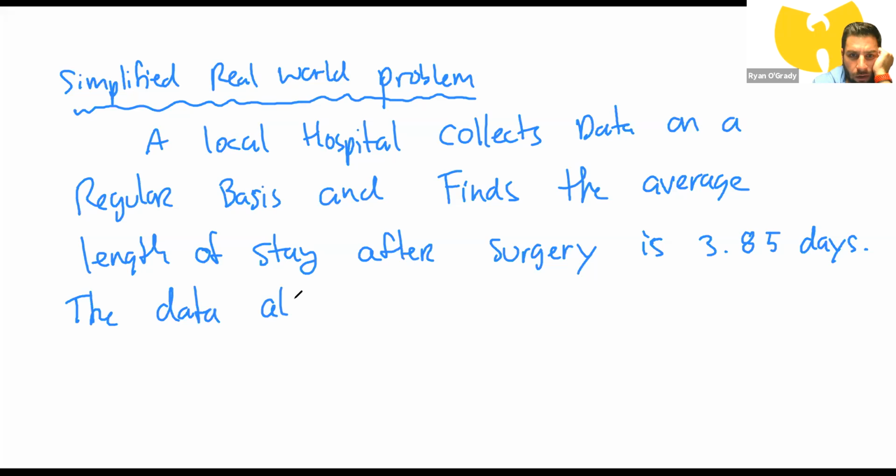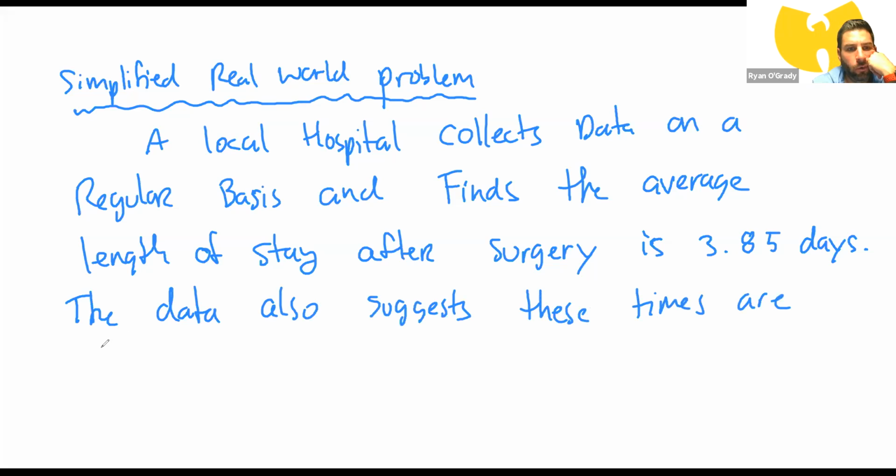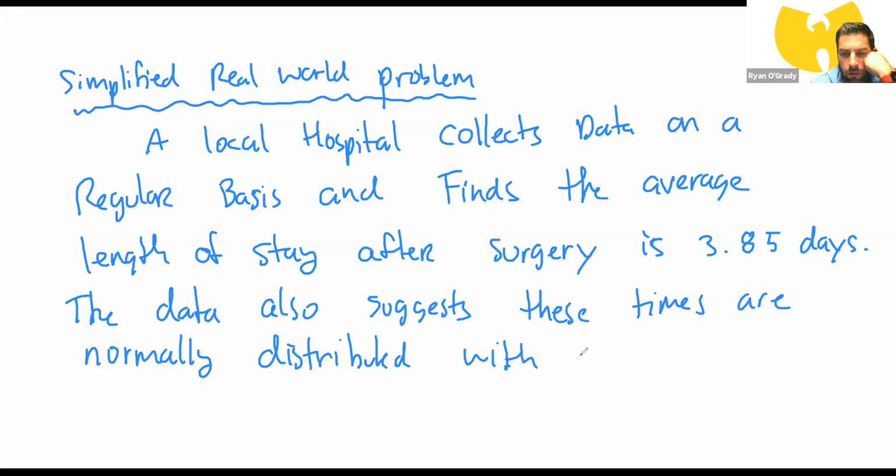The data also suggests these times are normally distributed with variance of 2.4 days.